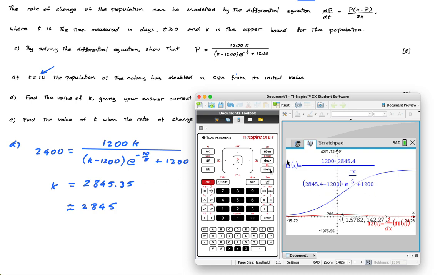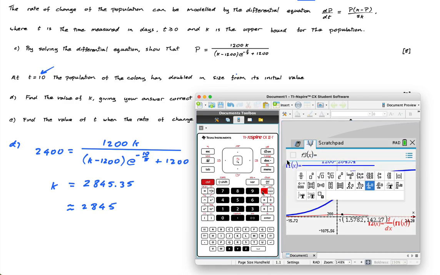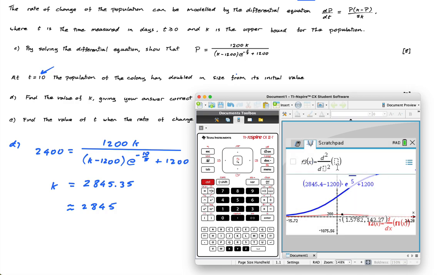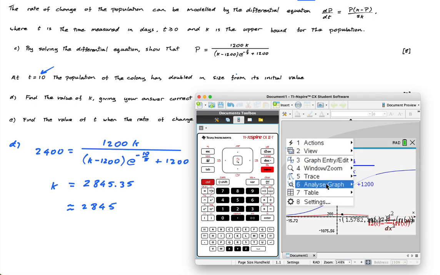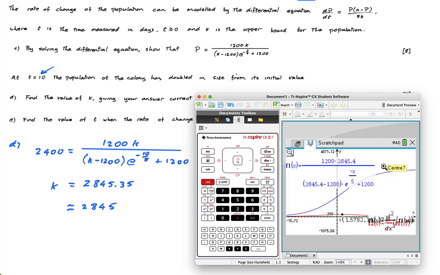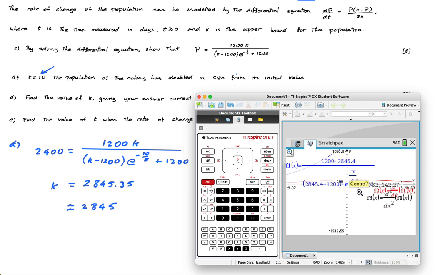You could also sketch the second derivative. I may as well do that while I'm here. Get this second derivative, f1 of x. There we go. The zoom now is very much not what I'm looking for, so let's zoom in down here.